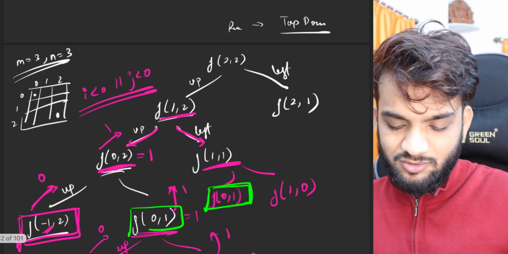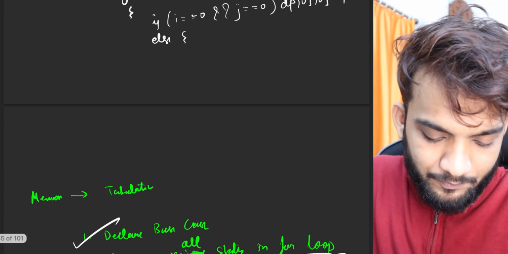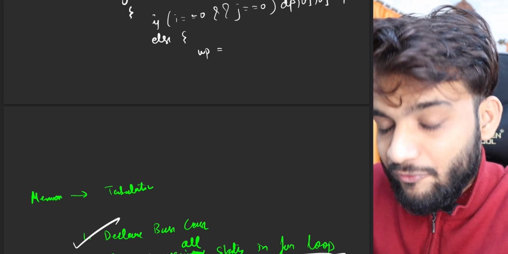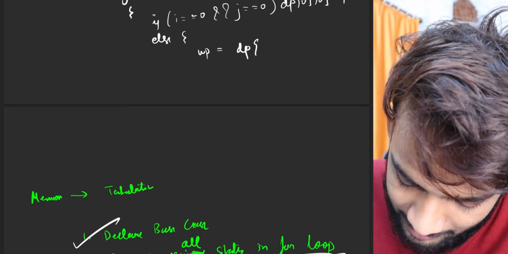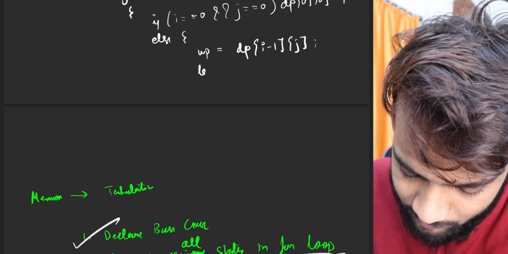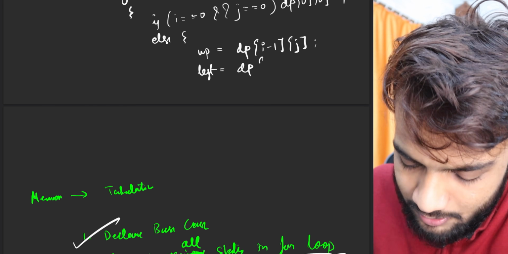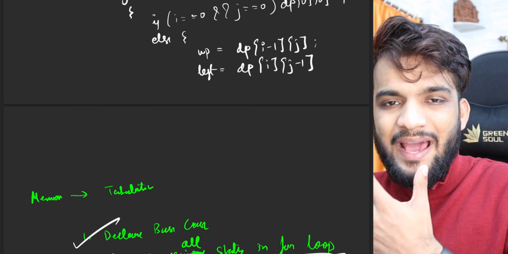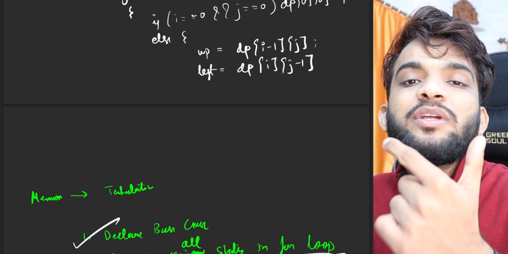Don't think, just copy. Up is equal to dp of i minus 1, j, and left will be dp of i comma j minus 1. So instead of f and parameters, I express them in 2D arrays.